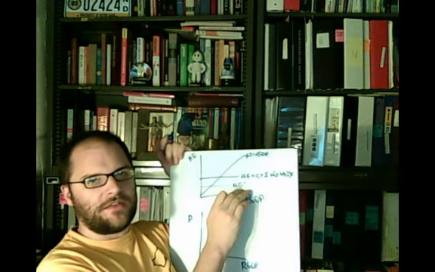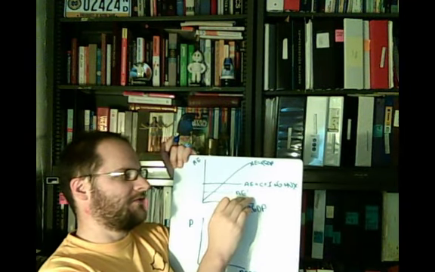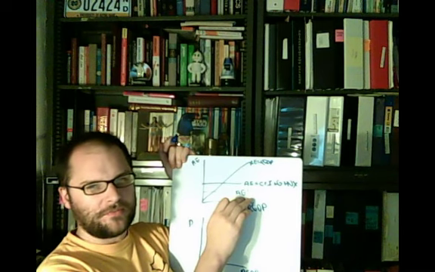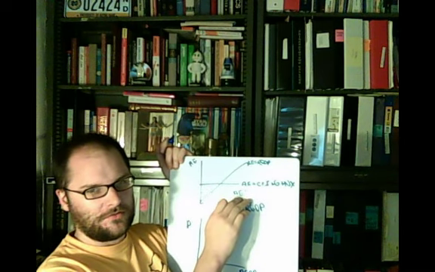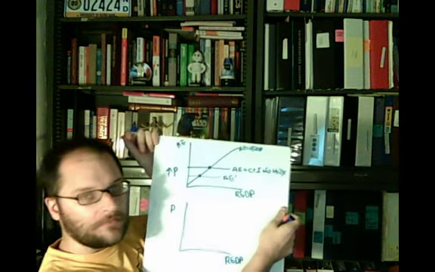And with all that said, I can make an AE prime that reflects the fact that the AE curve changed only because prices changed. And then we would see that because the price level went up, the equilibrium real GDP fell.